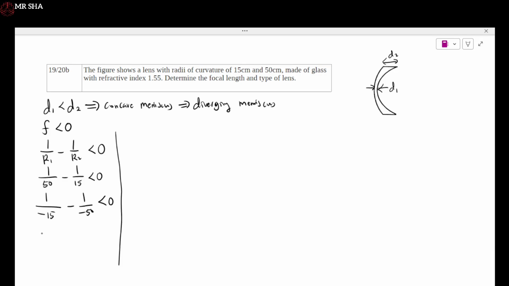In fact, let us just calculate that right now. I have 1 over 50 minus 1 over 15.